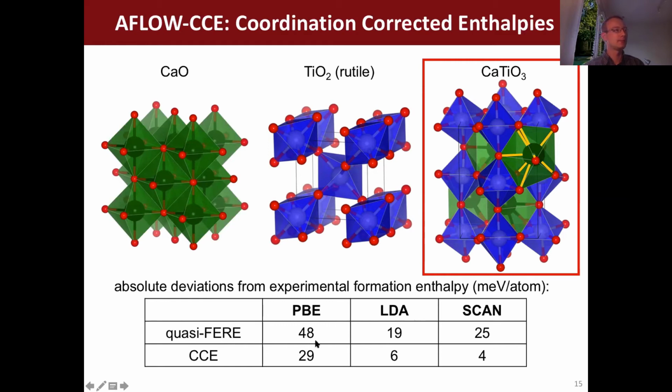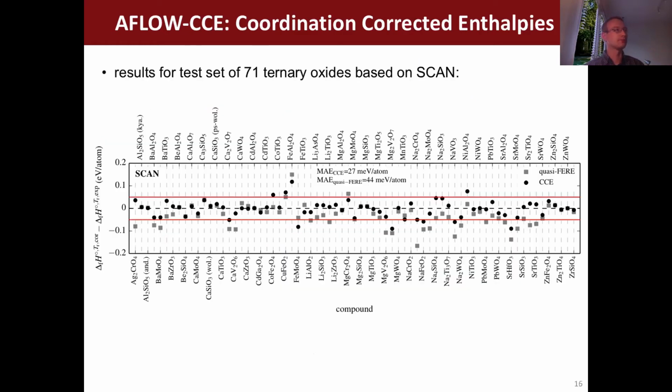And you can see that in every case, we are significantly better than this previous method. Even for SCAN and LDA, we get an error bar with respect to experiment that is very, very small, and much better you will actually not be able to get, because there is also some measurement uncertainty in the experimental values, and that will ultimately limit your accuracy.